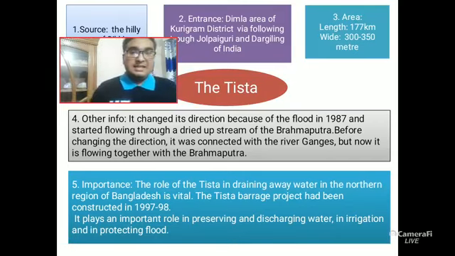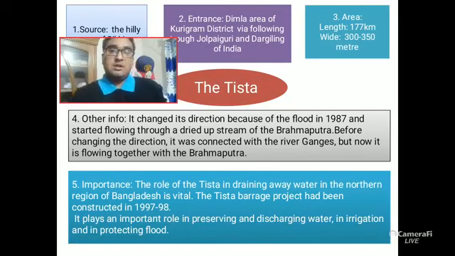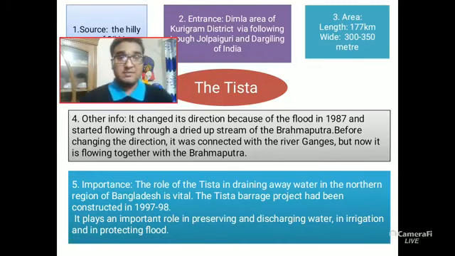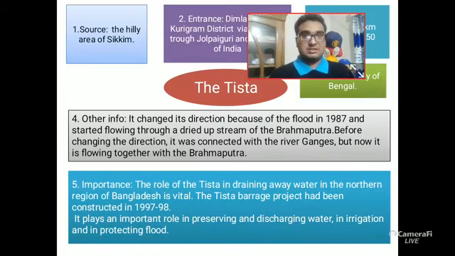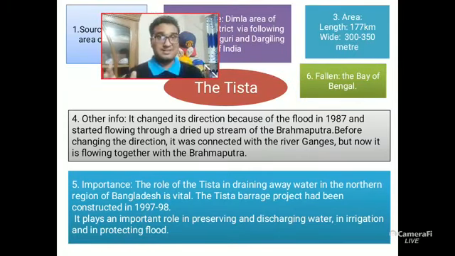The role of Teesta in draining water in the northern region of Bangladesh is vital. The Teesta barrage project was constructed in 1997 to 1998, and it plays an important role in preserving and discharging water, in irrigation, and in protecting from flood. Last but not least, the river Teesta flows into the Bay of Bengal in the end.